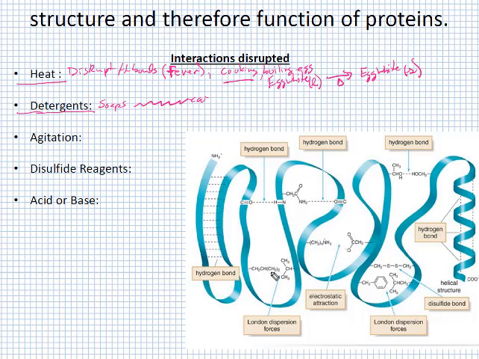And basically what we're doing is we're sticking that long chain in here and disrupting the London dispersion forces or van der Waals forces. So it disrupts the van der Waals forces, the London dispersion forces, or hydrophobic interactions. This is another term you hear, hydrophobic interactions.